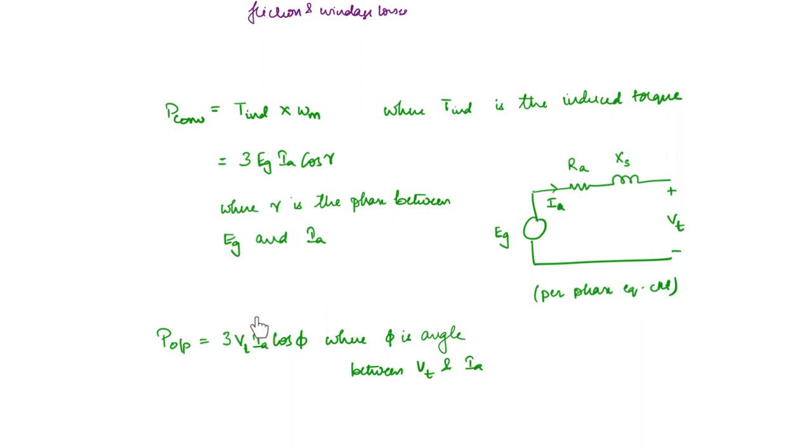This is in terms of the phase quantities, remember. If we are using the line quantities, then root 3 will come instead of 3. This is the real power output. Now the reactive power Q output, this is equal to what? 3 times Vt Ia sine phi.